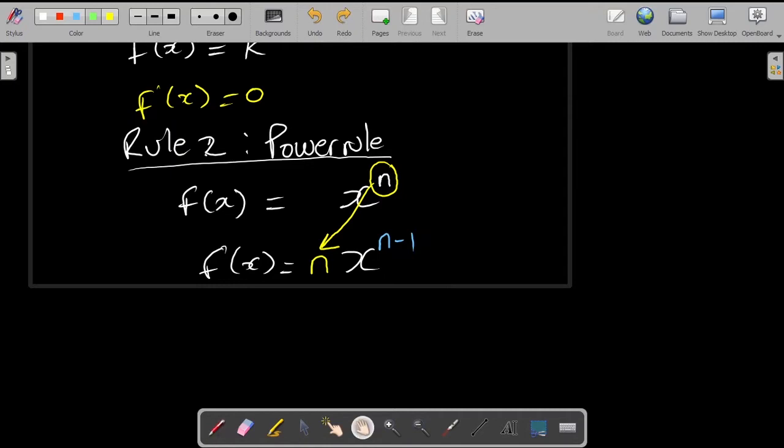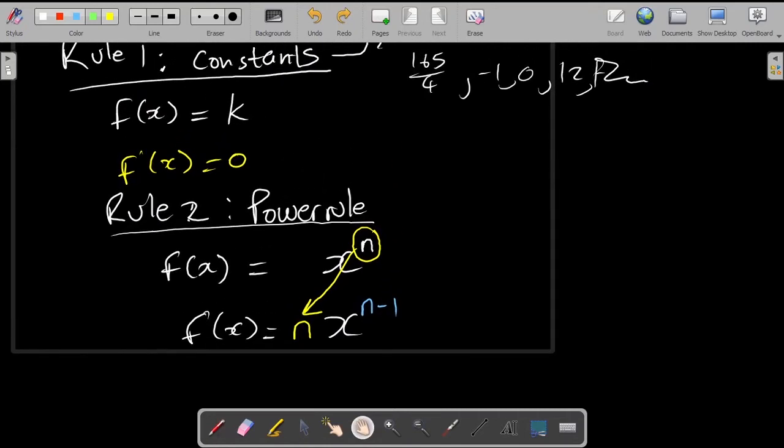Now coming back to the top rule, rule 1, which talks about constants. x, or any variable to the power 0, is equal to 1. So having a constant, you can say that the constant is multiplied by 1. That is a valid thing to say, because anything multiplied by 1 is itself. Now we can replace that 1 with x to the 0 and have our function as follows.